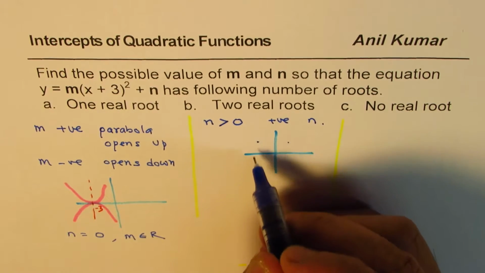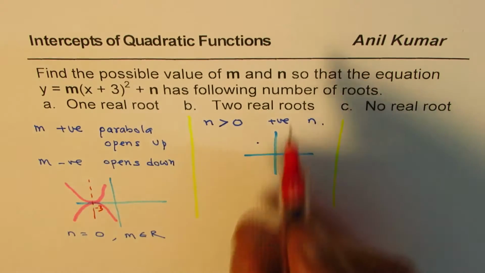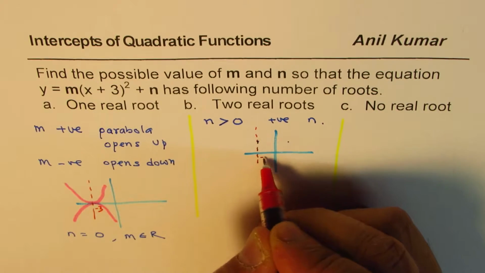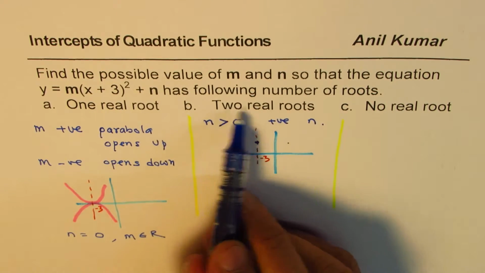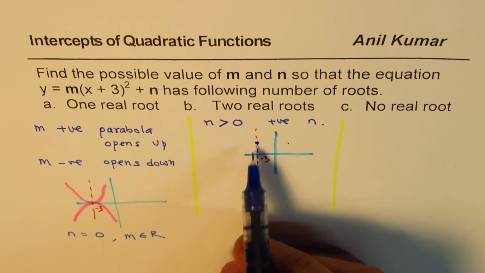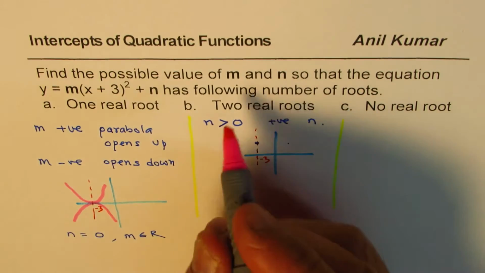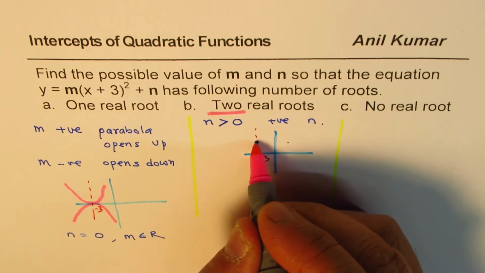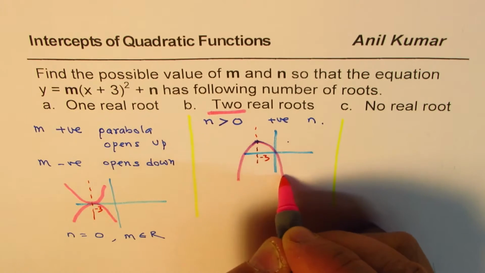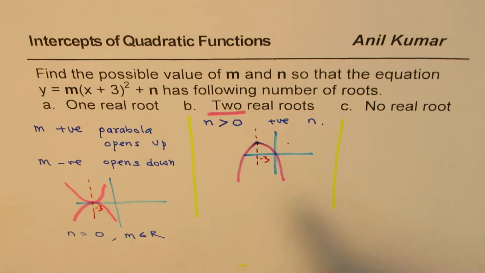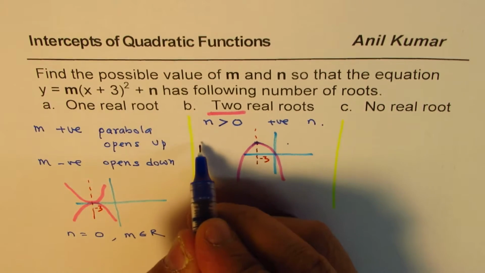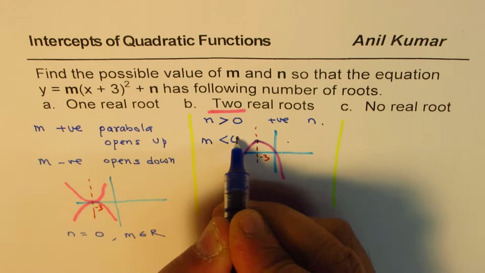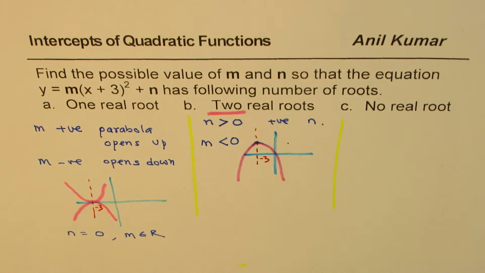This is -3, so we are somewhere here. Now, if I want two roots, in which direction should the parabola open? For two roots, it should open down, something like this. It can do so only if m is negative. So if n is positive and m is negative, we get that scenario. That is one set of solutions.